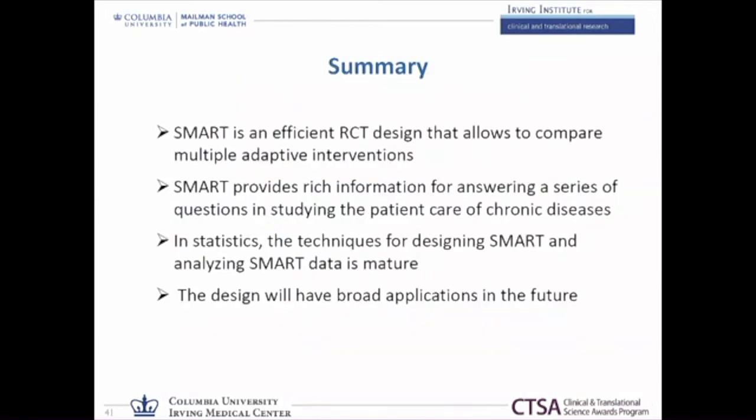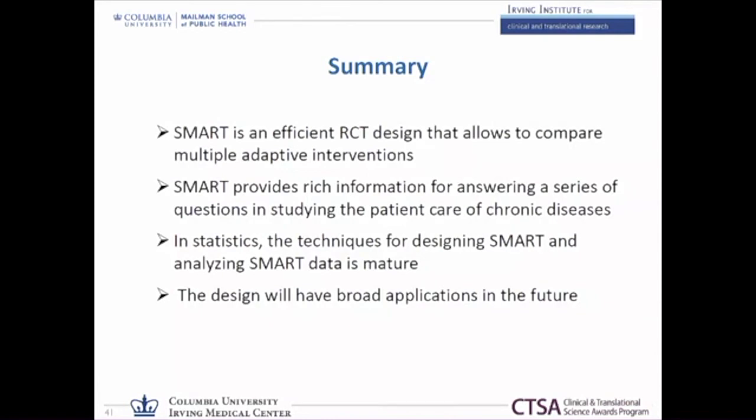So in summary, SMART is an efficient randomized clinical trial design that provides data to compare multiple adaptive interventions. Also, other than answering the primary question, it also provides rich information to answer a series of secondary questions in terms of patient care of chronic disease.